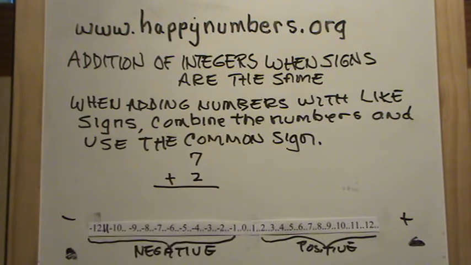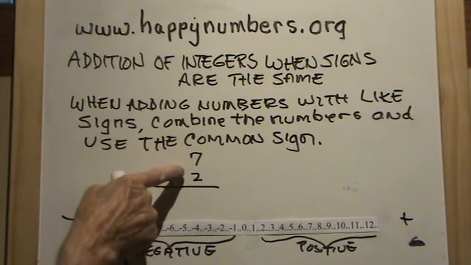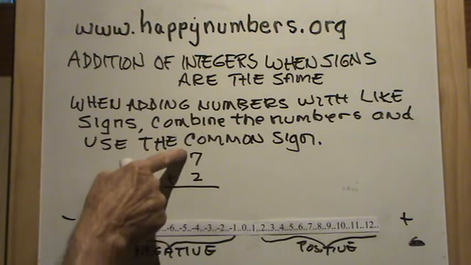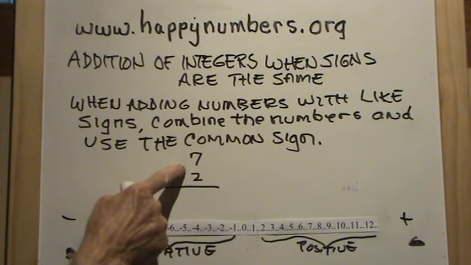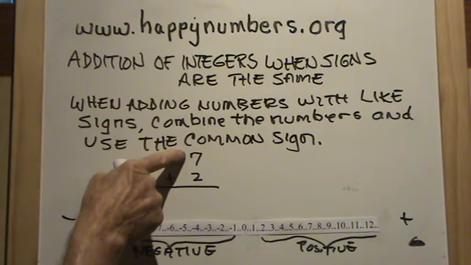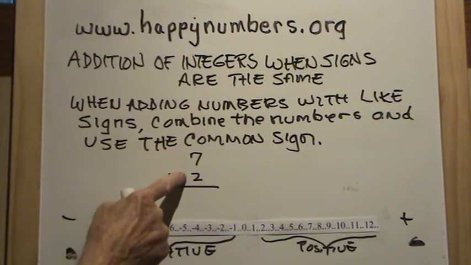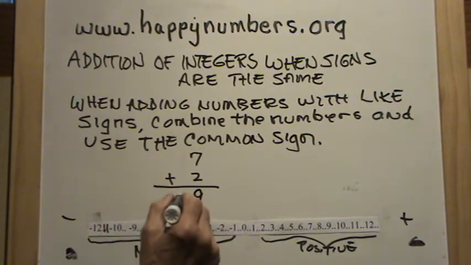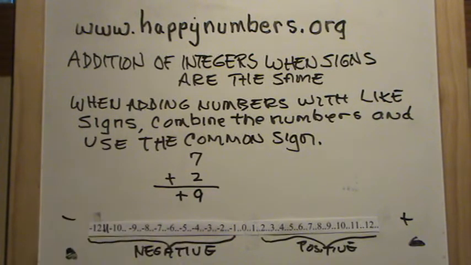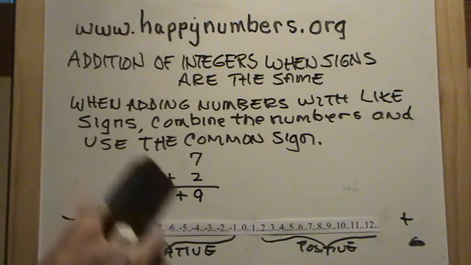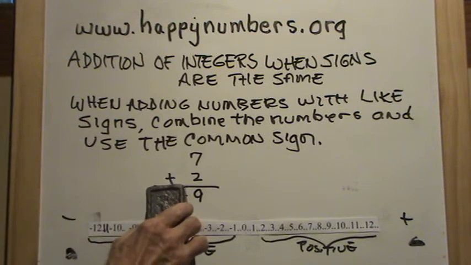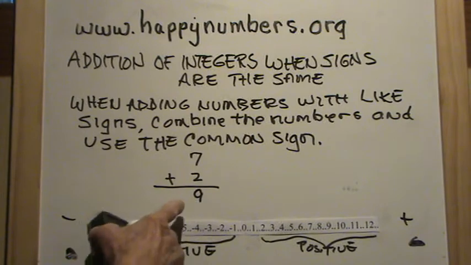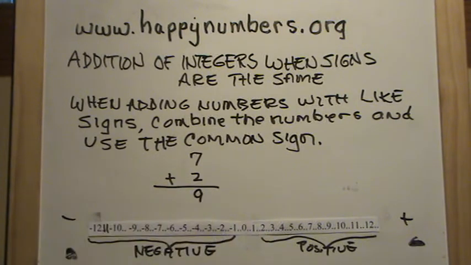So 7 plus 2. We know these are both positive numbers because there is no sign there, and if there is no sign it means they're positive. So I combine the numbers 7 and 2. 7 and 2 is 9, and I use the common sign, which is a positive. And in this case I wouldn't even have to write the sign because we know that 9 means positive 9.